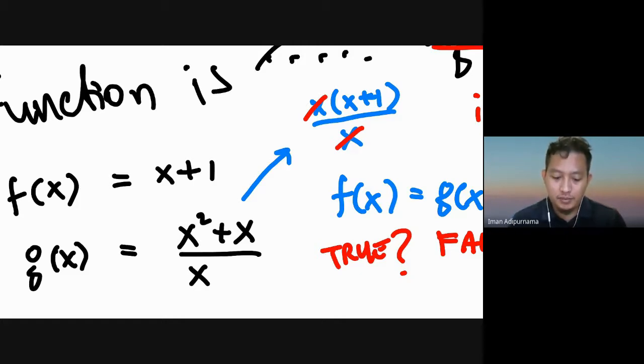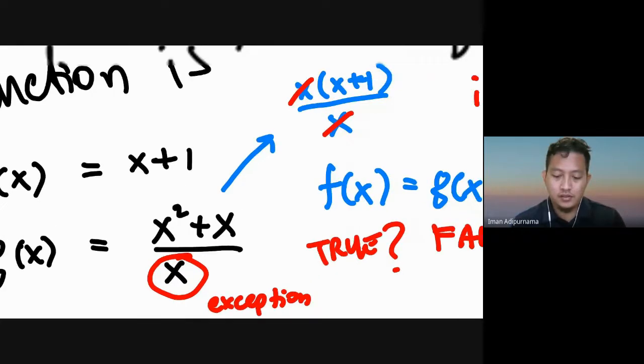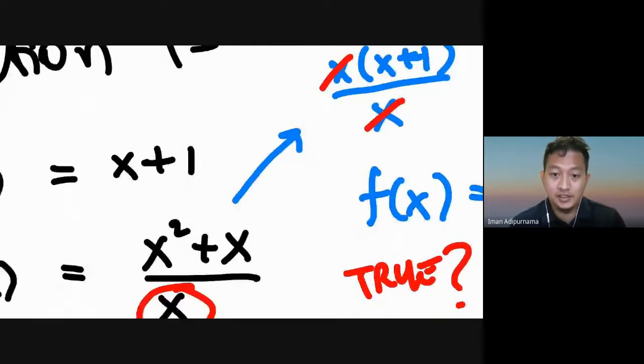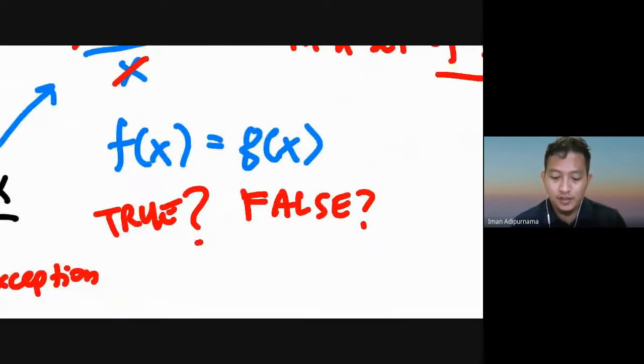Because you have this, you have some restrictions, some exception. You can solve this, but it doesn't change the fact that it's still g. So g is still not the same as f. So this is actually not the same.